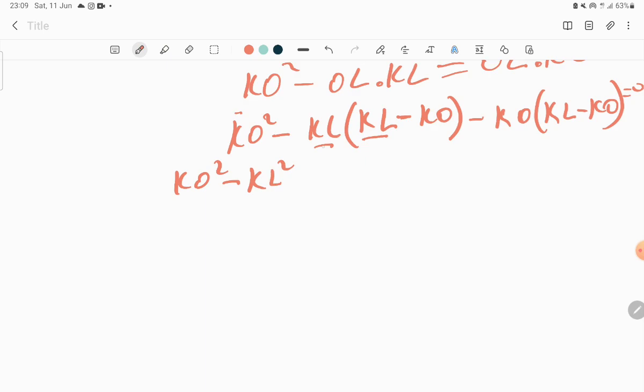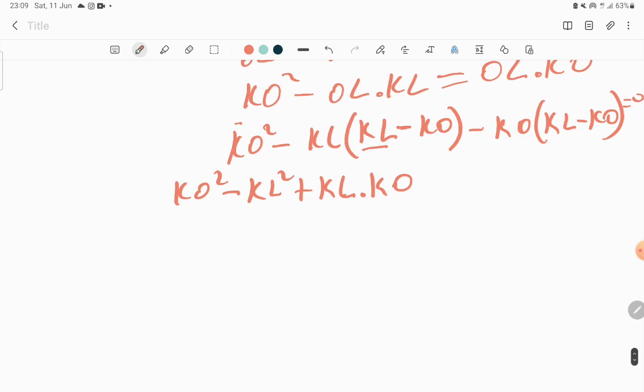Then we have KL times KO, positive KL times KO. Then minus this times that is negative KO times KL. Then this times that one is positive KO squared. Then this is equal to 0.